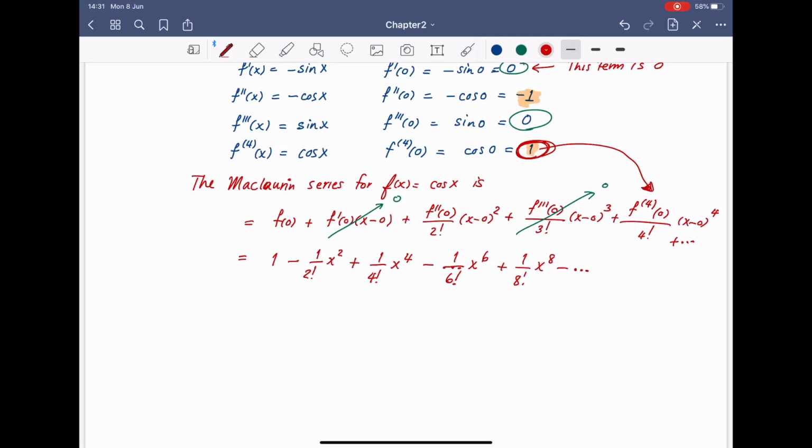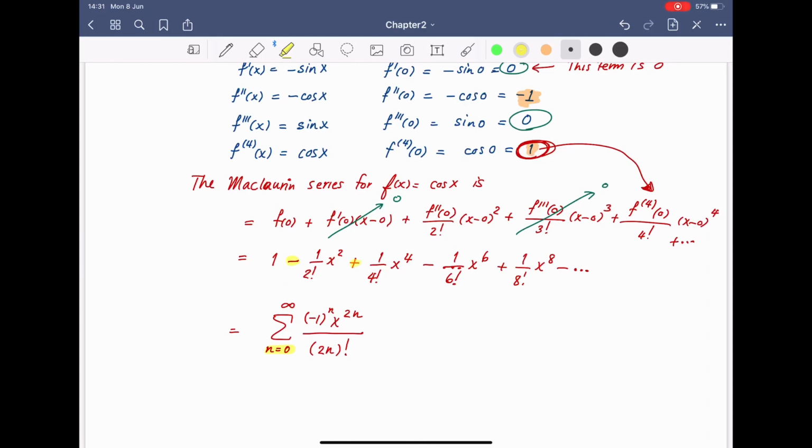So you can write it in summation notation as the summation of x to the 2n, n starting from 0 to infinity, multiplied by negative 1 to the n, over (2n) factorial.